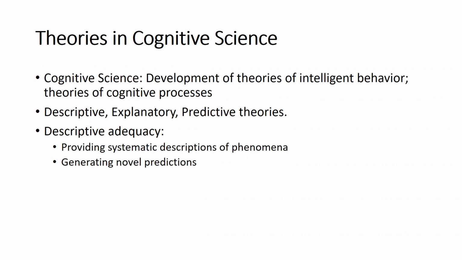In my case, it is decision-making. These theories are descriptive, explanatory, and predictive, and I think it is important that they are descriptive in the sense that they can provide systematic descriptions of phenomena and also generate novel predictions.